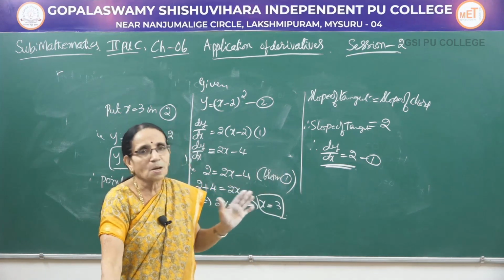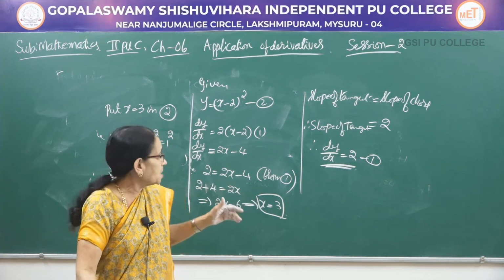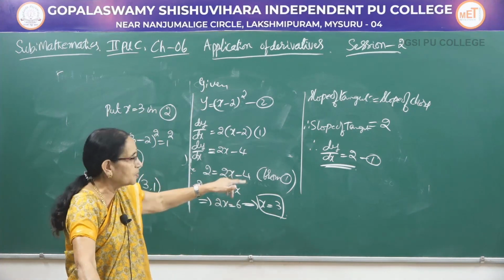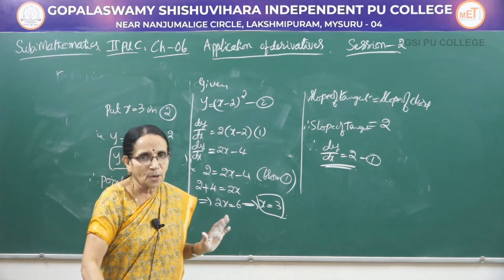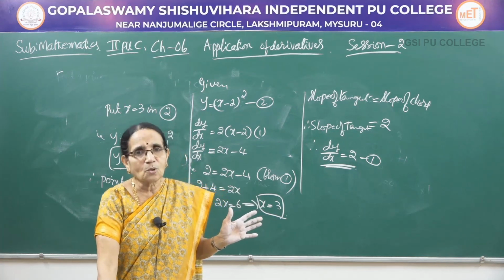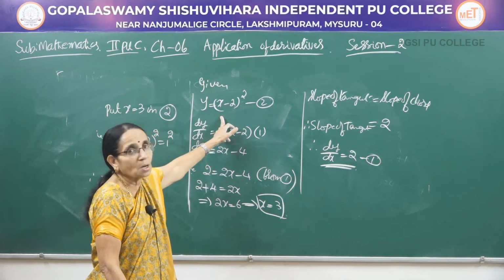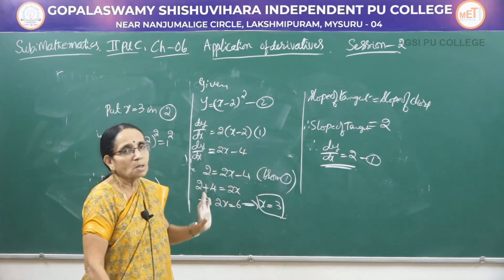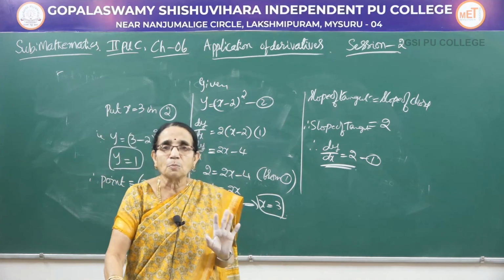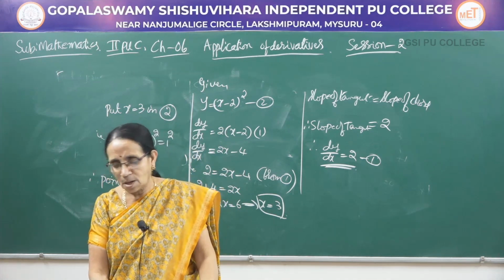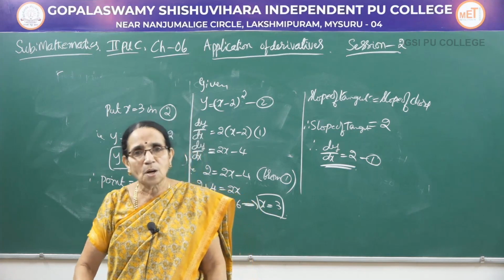We got dy by dx equal to 2, and after differentiating and equating to 2, we got the value of x. Then we went back to the original function, substituted, and got the value of y. Therefore, we got both the coordinates x and y. So this is the procedure we adopt.